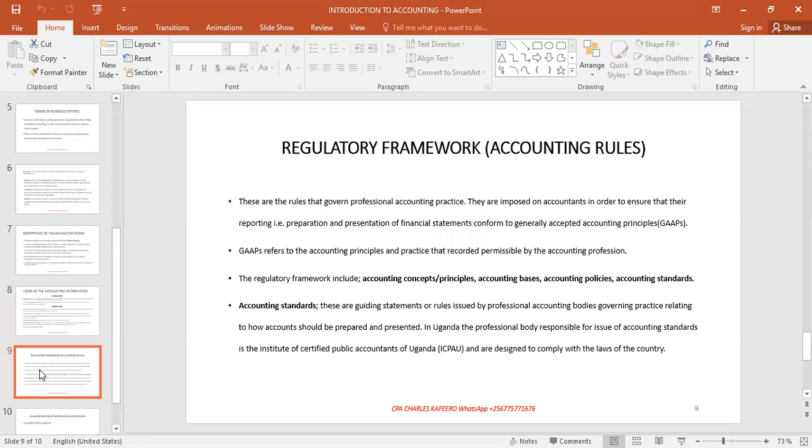Allow me to proceed to the regulatory framework or the accounting rules. As I said earlier, this tutorial is basically a CPA tutorial, concentrating more on what is really done in Uganda.